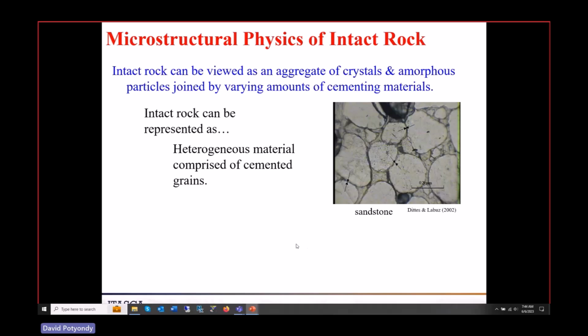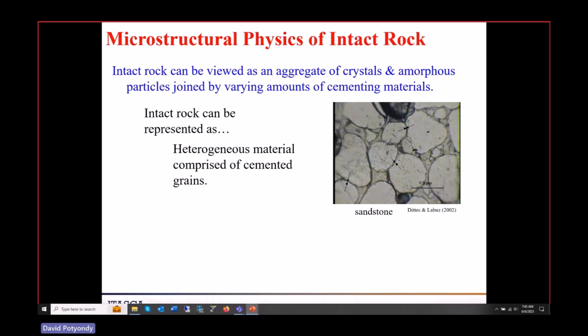So this is the reality for the example of a sandstone. And I'm going to argue that if we want to have a model of this, we can have cemented grains. And not just cemented grains, because we don't want cemented grains that are hexagonally perfectly packed. We want heterogeneous.